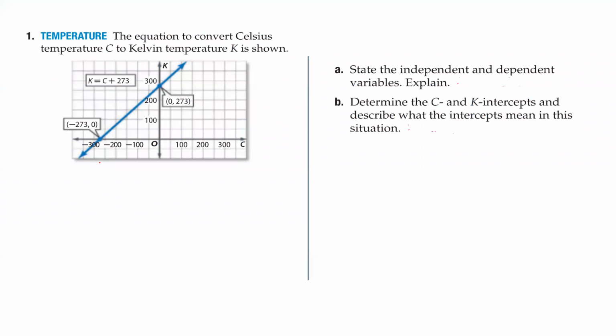All right, so first problem is a kind of a word problem. It says the equation to convert Celsius temperature C to Kelvin temperature K is shown. Here's the equation: K equals C plus 273. And it says to state the independent and dependent variables and to explain. So the independent variable is going to be Celsius.